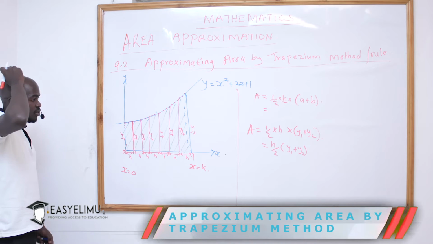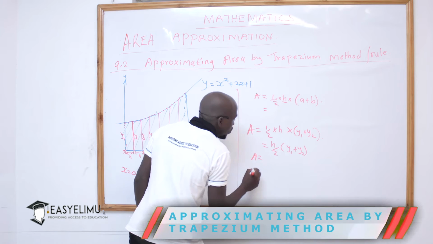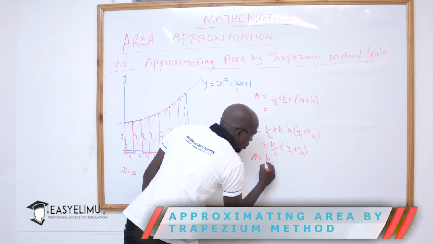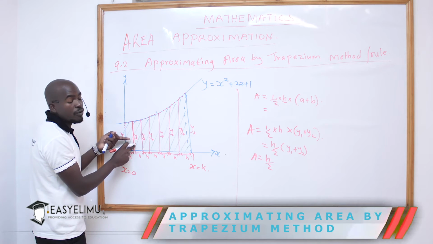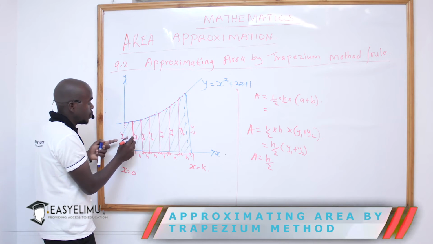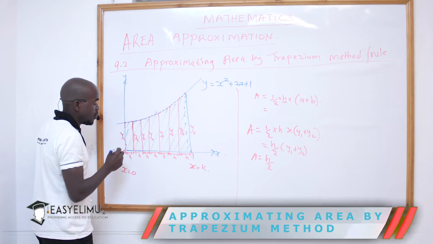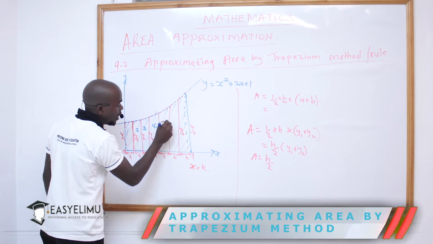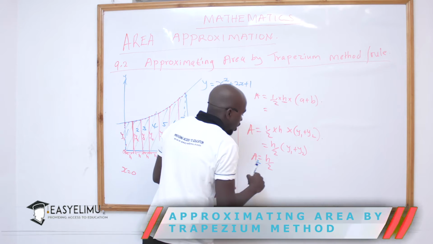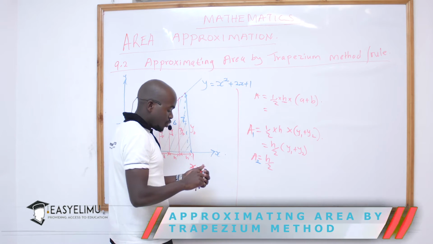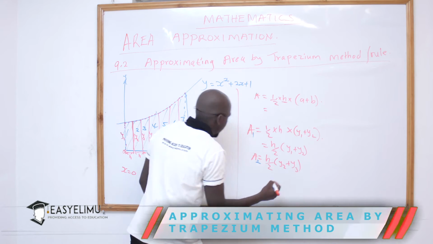Then for the next trapezium, the area is going to give us h over 2, because it is the same procedure, but what only changes is that the y1 becomes y2. This is trapezium 1. Let me name them: trapezium 1, 2, 3, 4, 5, 6, 7. So the area of trapezium 2 will be h over 2, y2 plus y3.